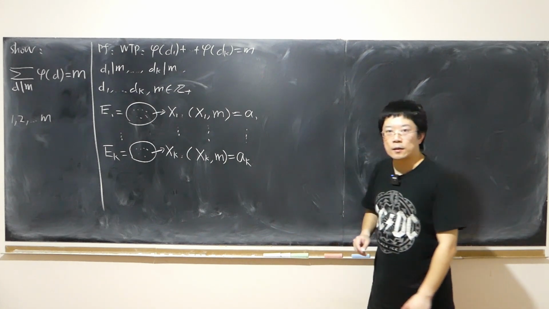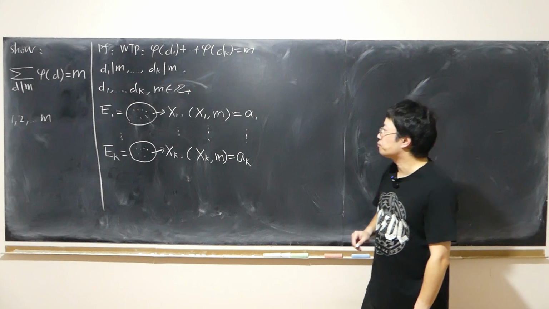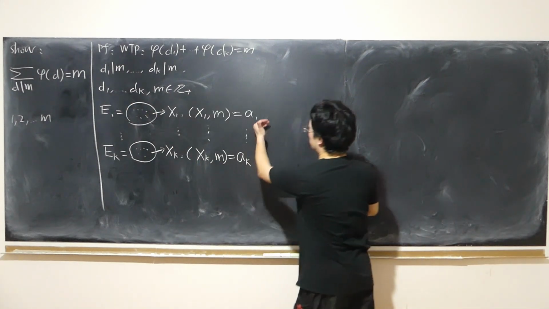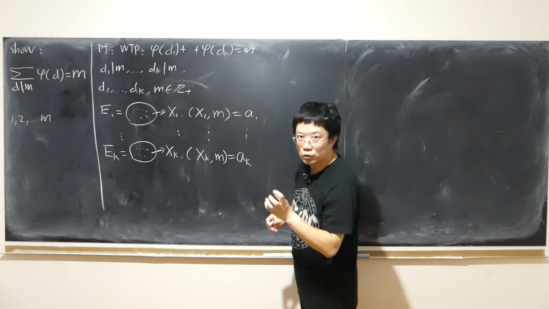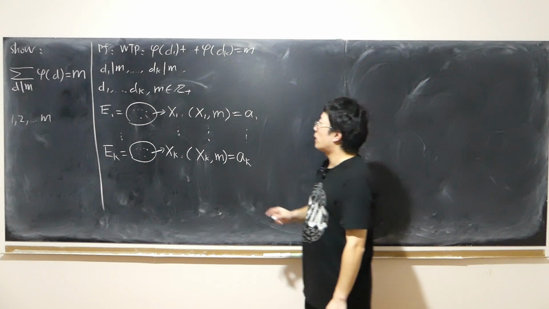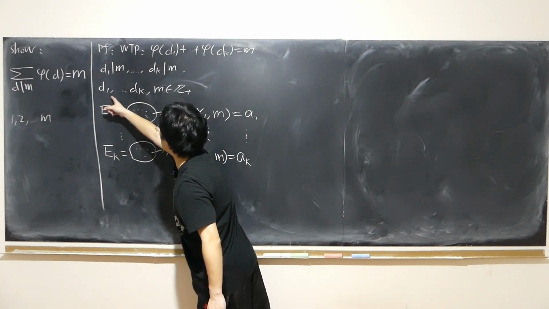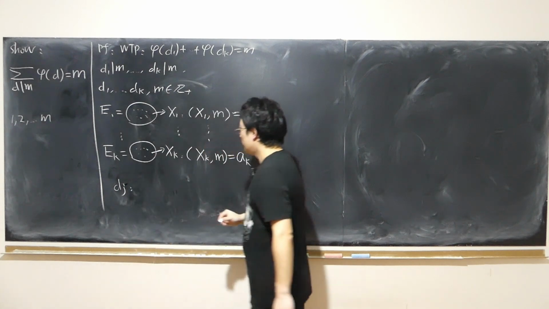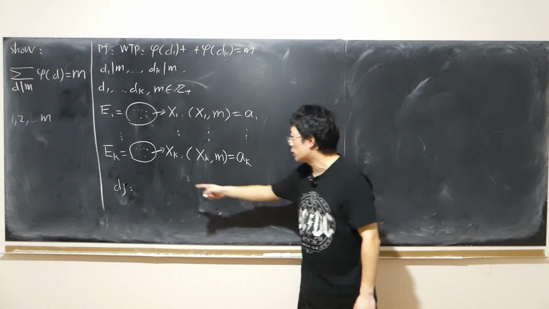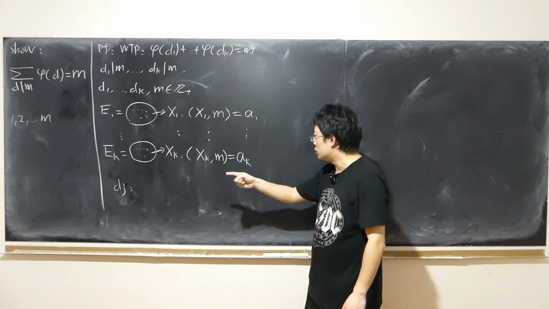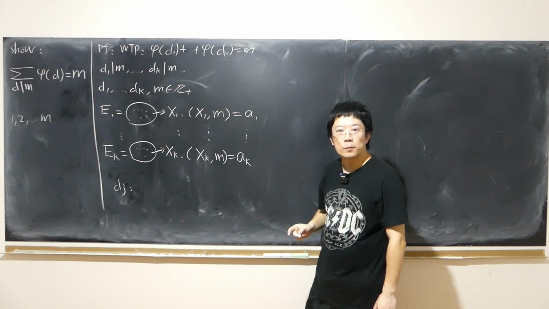At the same time, I want to claim that d1, d2, all the way up to dk, and a1, a2, all the way up to ak, are in one-to-one correspondence. The reason is, if I take any dj out of these, can I correspond dj to a unique aj where dj equals exactly aj? Yes.